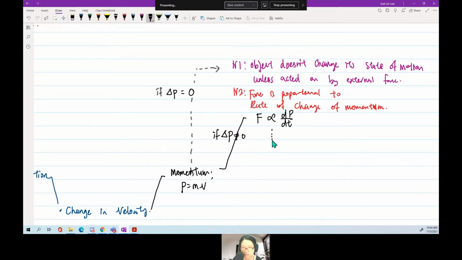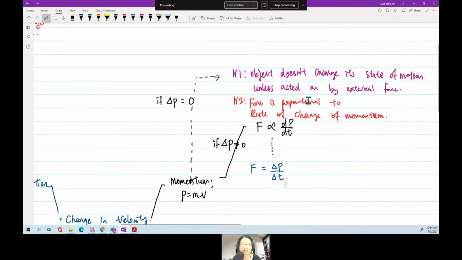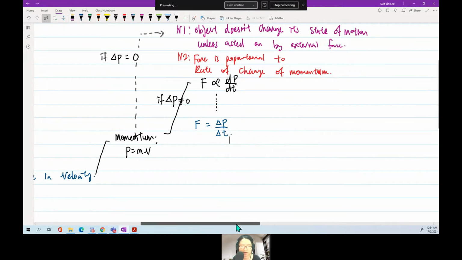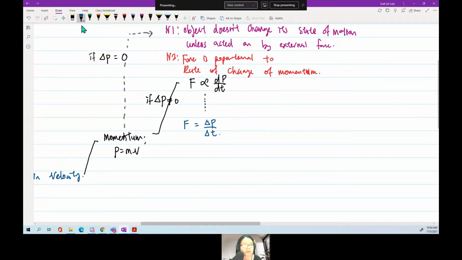So there's a process that I don't want to go through again, but then we will reach F is equal to change in momentum over change in time. Whenever you see a calculus thing here, you definitely expect some graph lah, okay? But from this equation, we will apply it to several different cases.